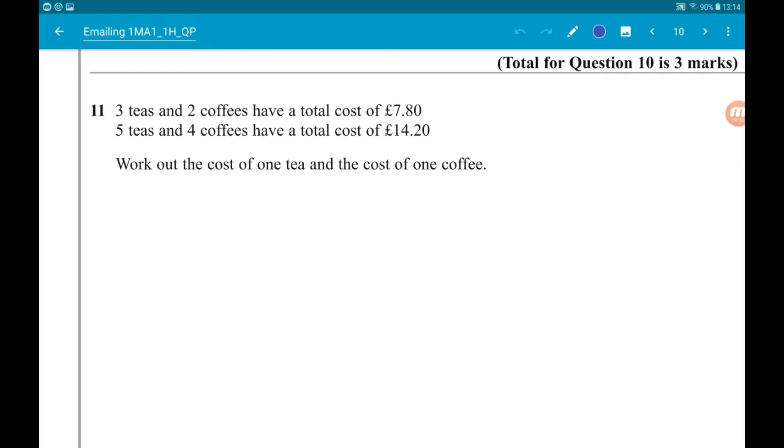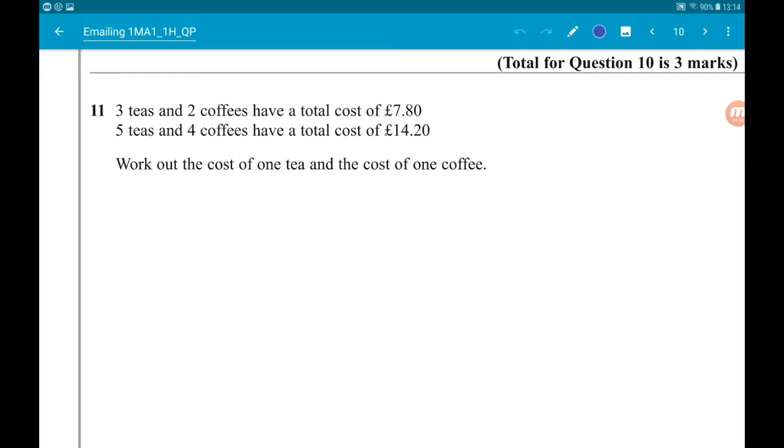So, this is simultaneous equations. The way that we know that is we got 2 sentences about the same 2 unknown things. So, first job is to write each sentence as an equation. So, funnily enough, I'm going to use T for tea and C for coffee.